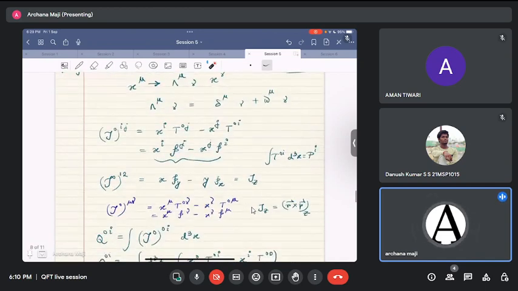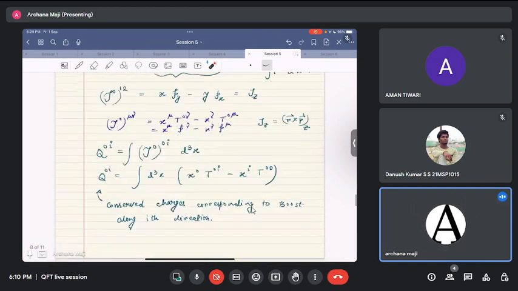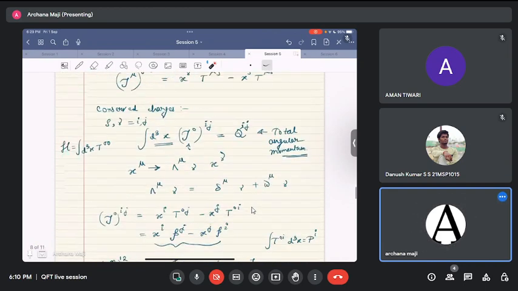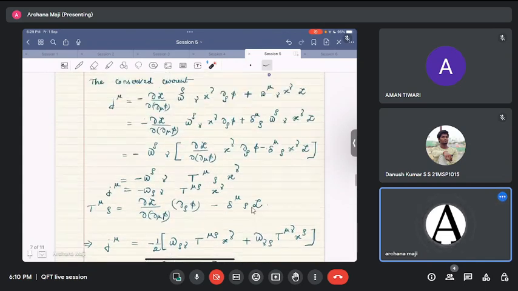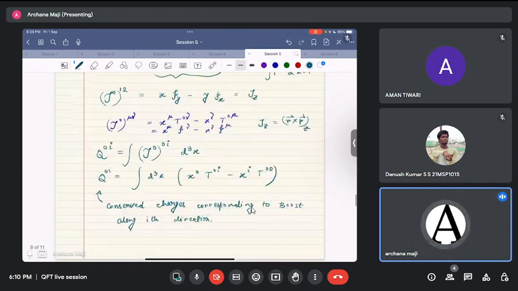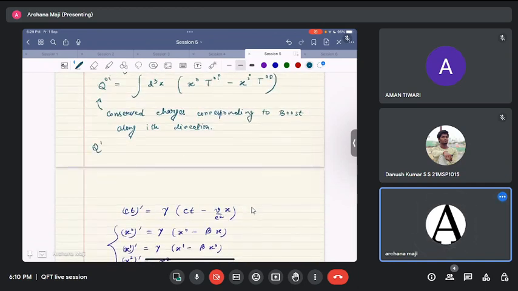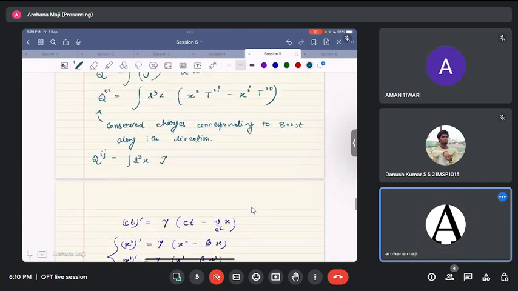Qij will be the integration of this over d3x. I probably forgot to write that. Let me write that down. So Qij is the integration d3x of j0 ij.